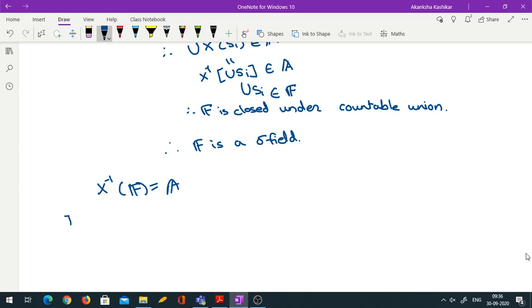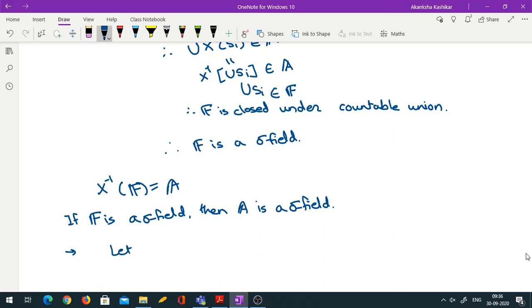Okay. So F is given to be a sigma field. So we have to prove A is a sigma field.